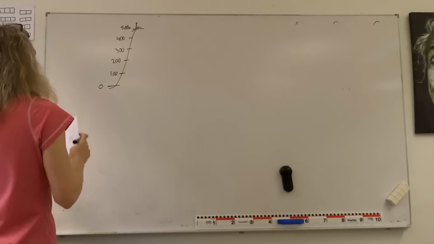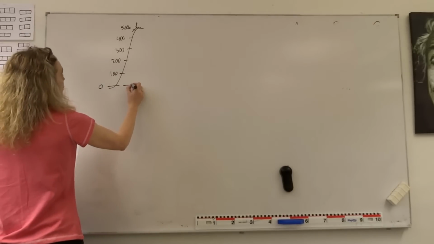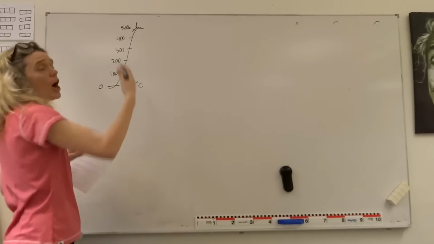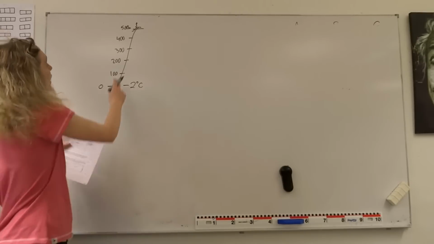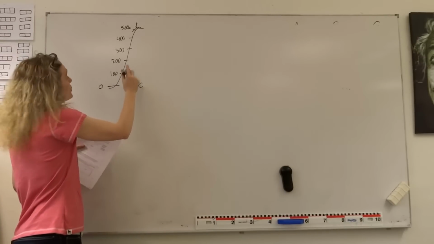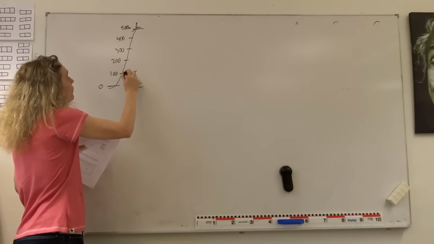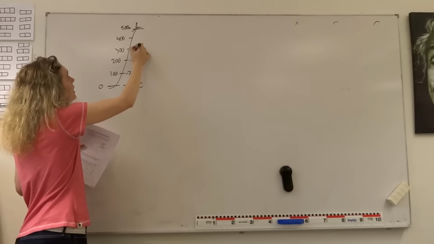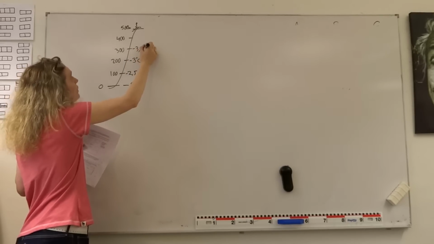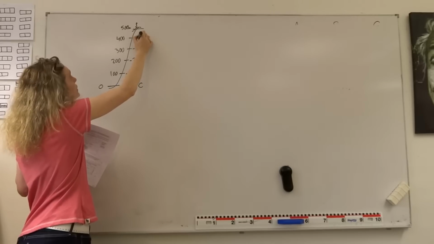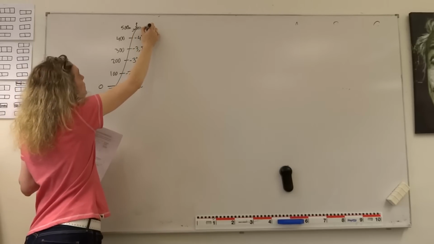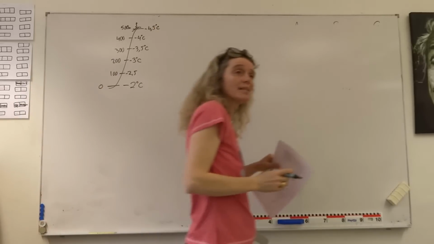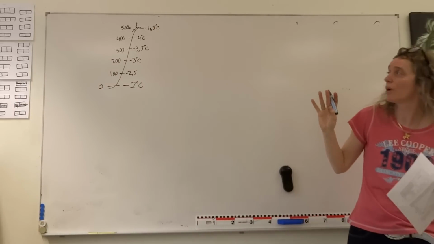And we know that at this point here, the temperature is -2 degrees. And it gets half a degree colder every 100 meters he goes up. So this one will be -2.5. No, it's fine. This one will be -3 degrees C. This will be -3.5 degrees C. And this will be -4 degrees C. And this will be -4.5 degrees C. So that's a sketch way of doing it quickly.